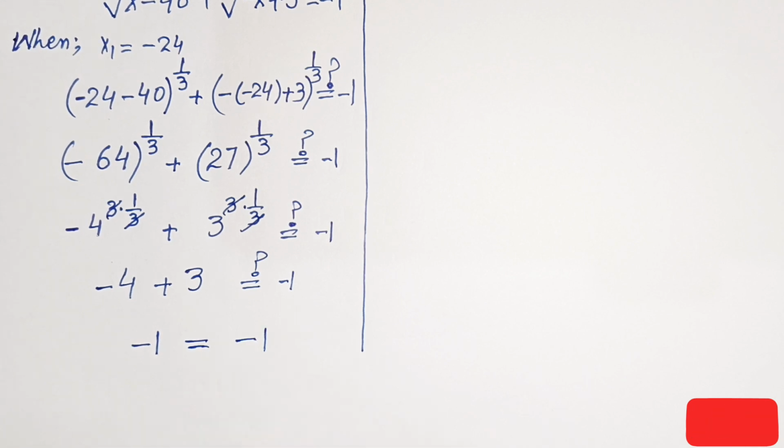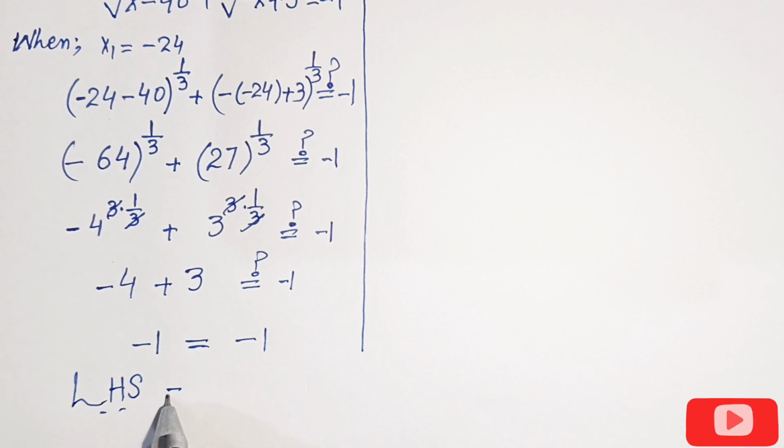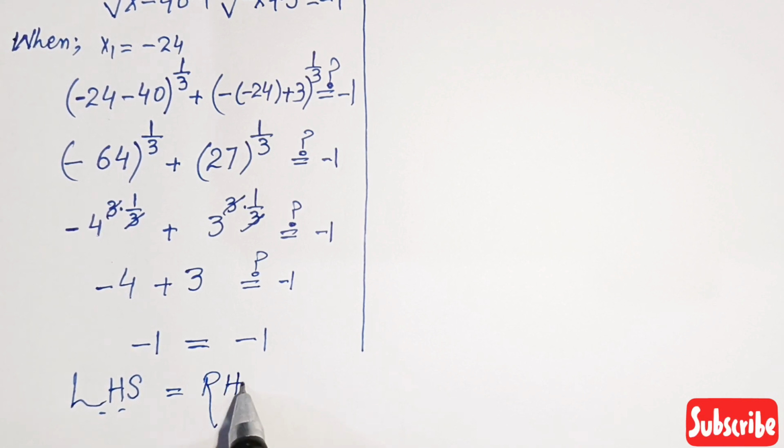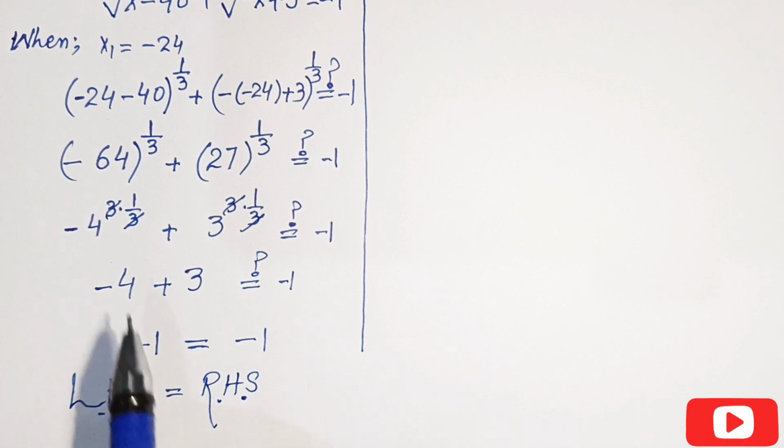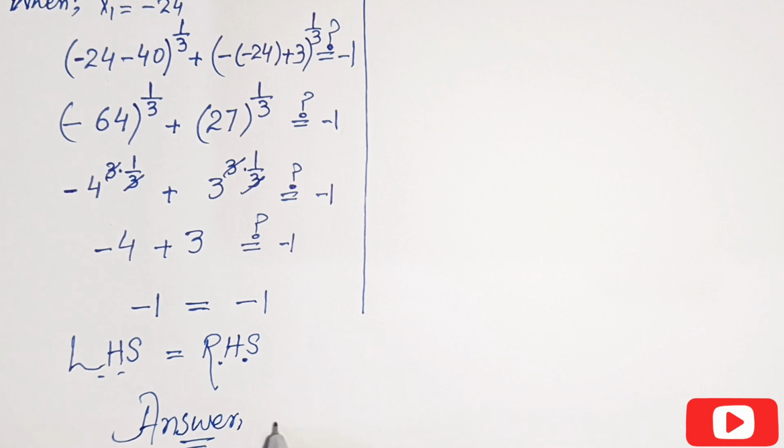So minus 1 is equal to minus 1. Hence the left hand side of this equation is equal to the right hand side. So the first value, x1, that is minus 24, is valid. So the first part of our answer is that the value of x equal to minus 24 is valid for this problem.